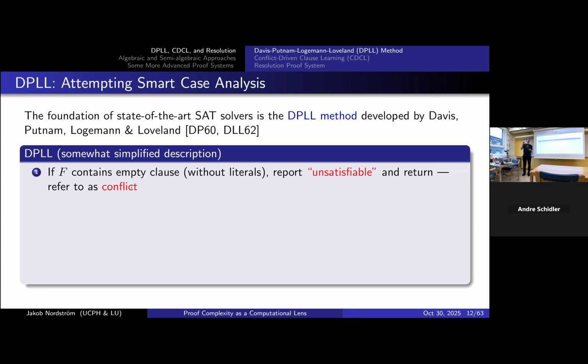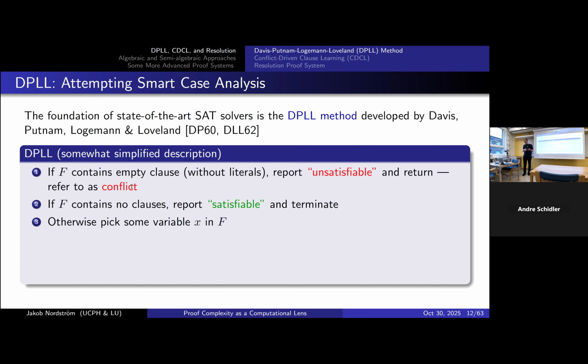If you ever find that you have removed all falsified literals from a clause, then you have an empty clause, a contradiction. This is a conflict, and you have to return from that recursive call. If you have satisfied all the clauses, then you know that you've found a satisfying assignment and you can terminate.